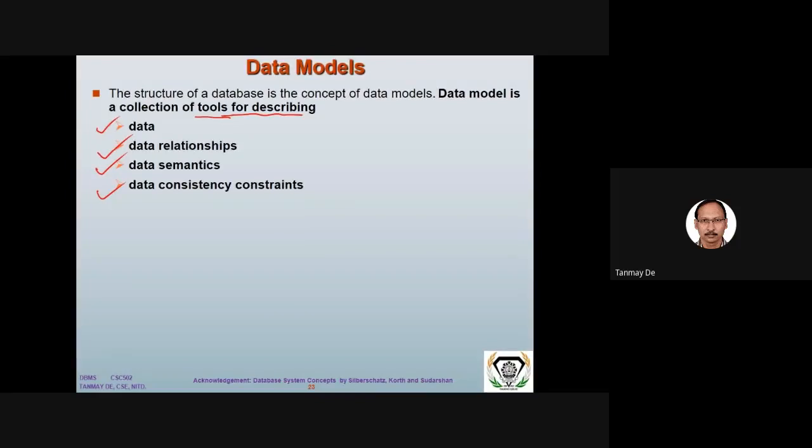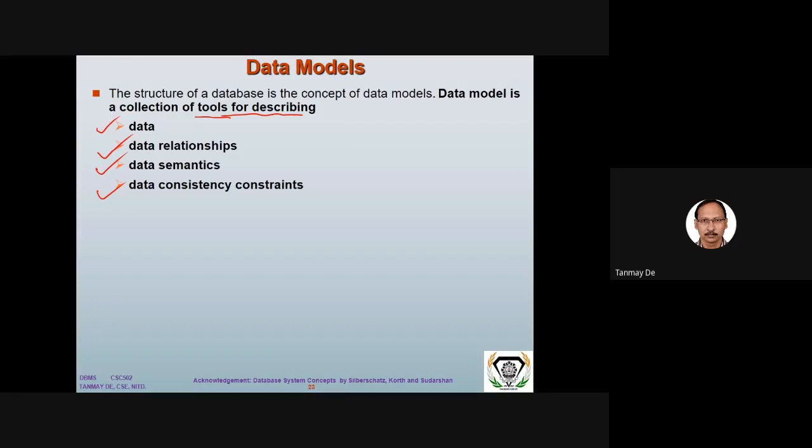For what purpose? To describe the data, to describe the relationships among the data, to maintain the data semantics, and to define the data consistency constraints.